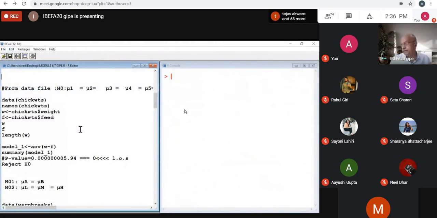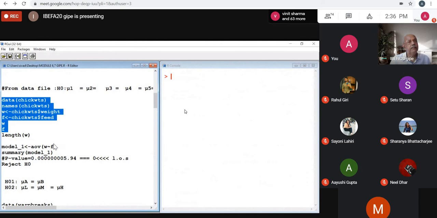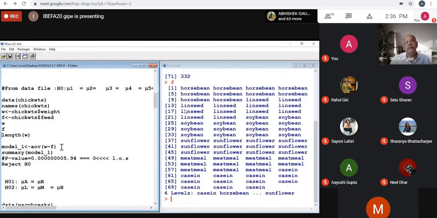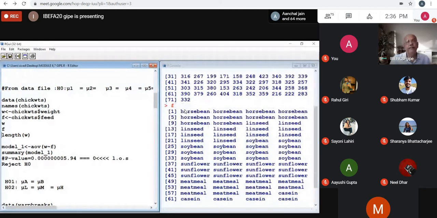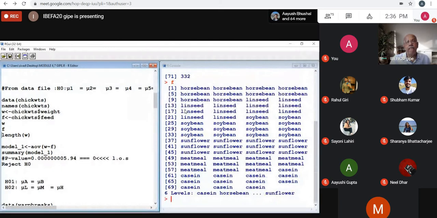Chick weight. How many chickens in the sample? How many types of food they give? 6. So how many parameters you have to test?